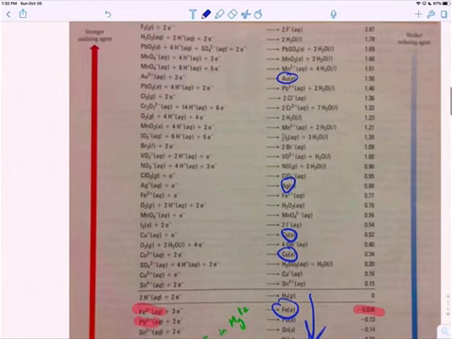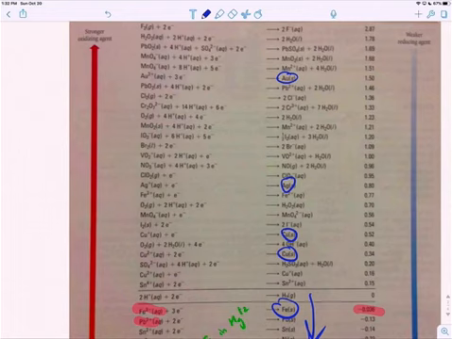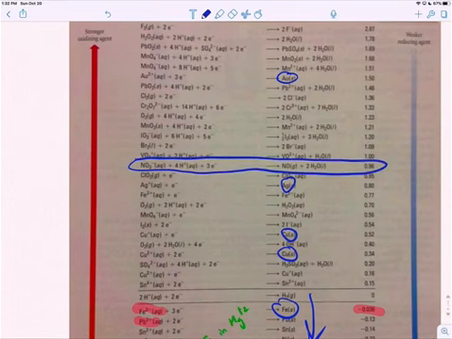But then you have nitric acid. Nitric acid has both nitrate ions and acid ions. Nitric acid is here, where it has both hydrogen and nitrate.